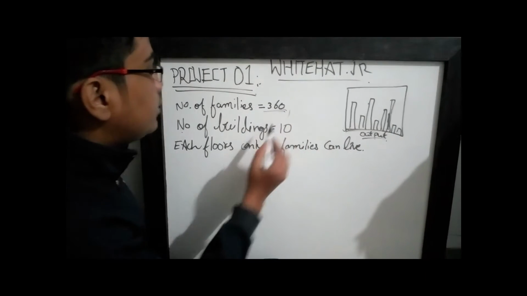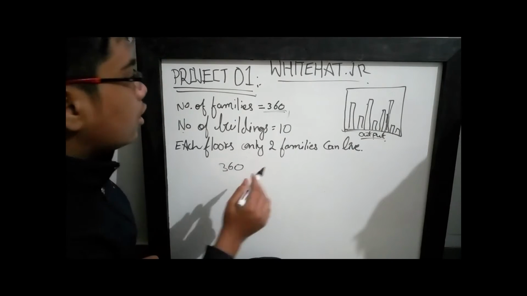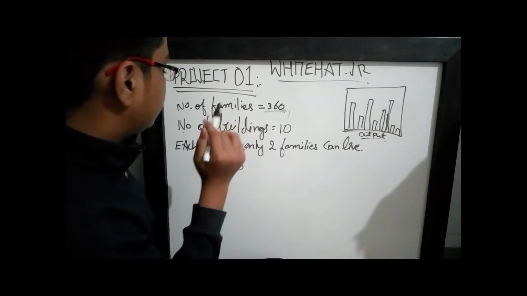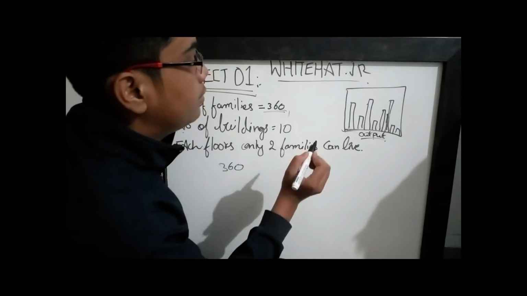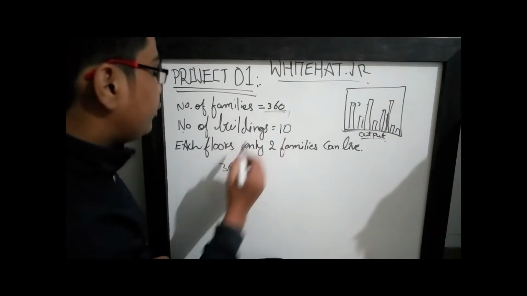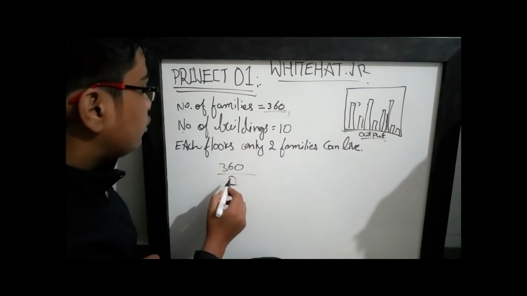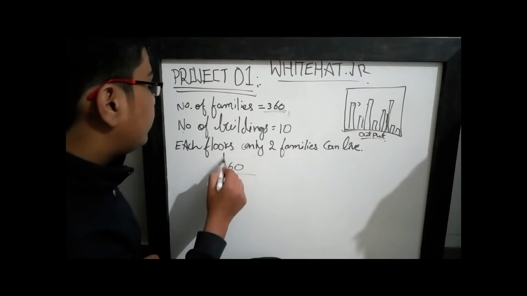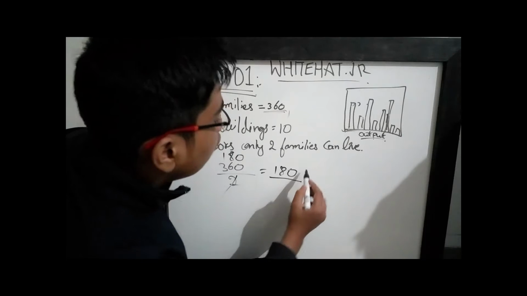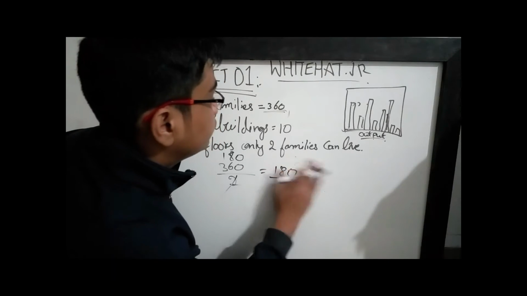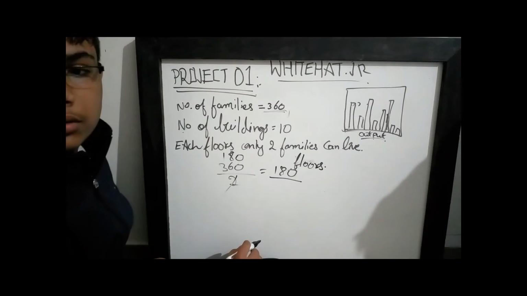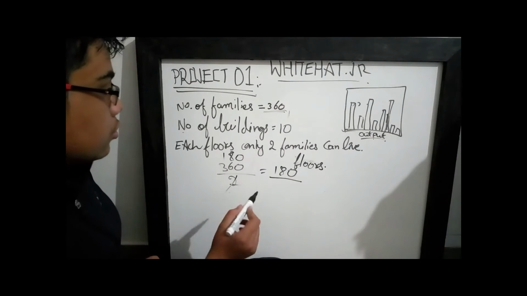First, we have to fit 360 families in 10 buildings. As each floor contains only two families, we can divide 360 by 2, and you will get 180. This is the number of floors you need.